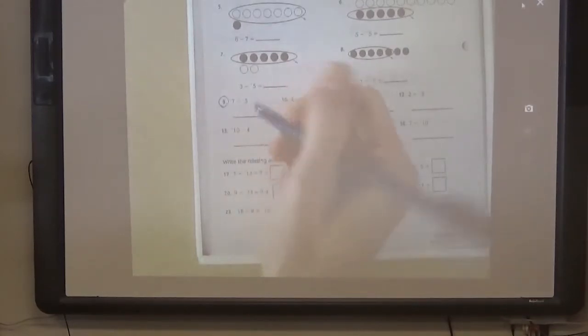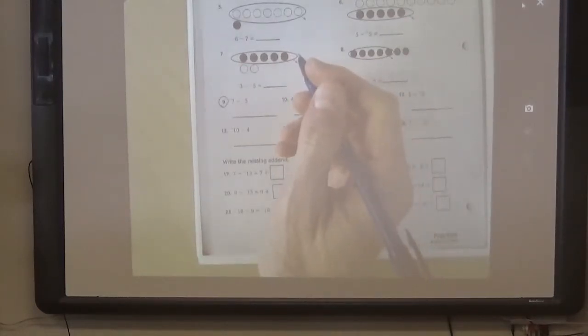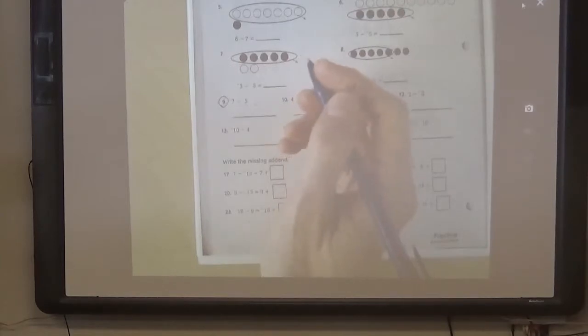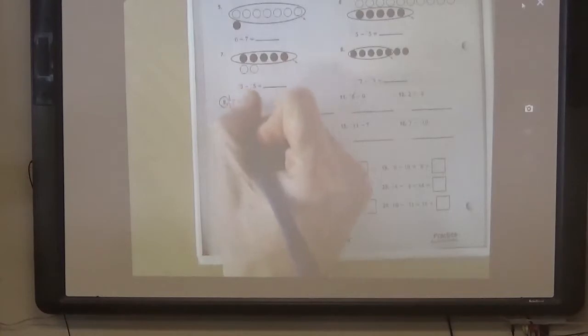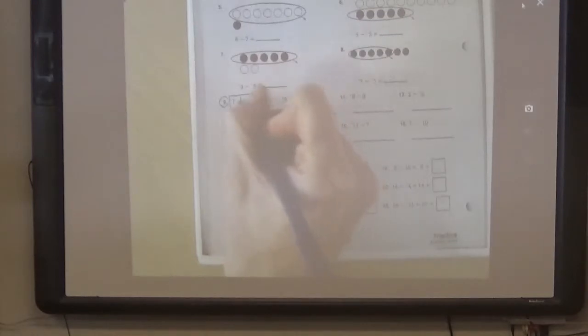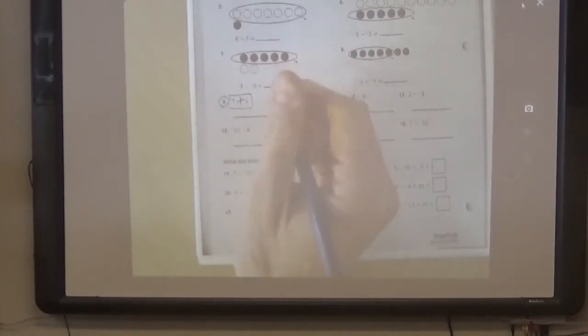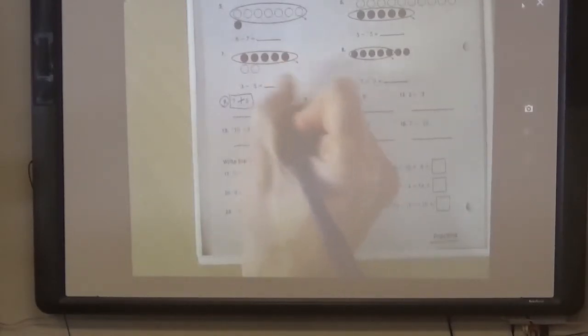Pay attention to this. Olivia? What do you do with the 2 minuses in this? Yeah, you just change it to a big plus sign, like that. Change it to a big plus sign, and then find the answer. Okay?